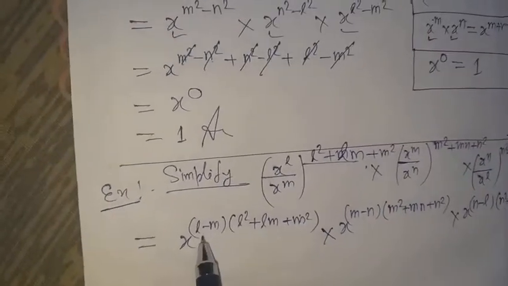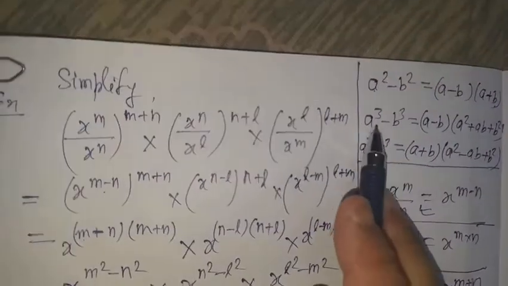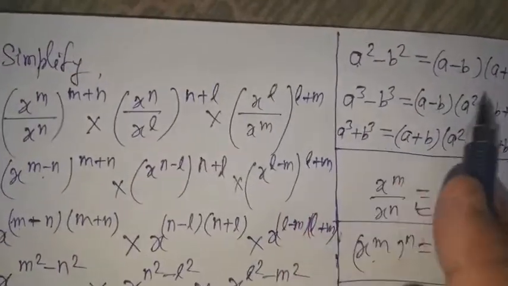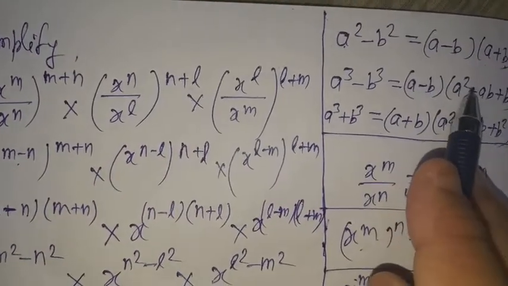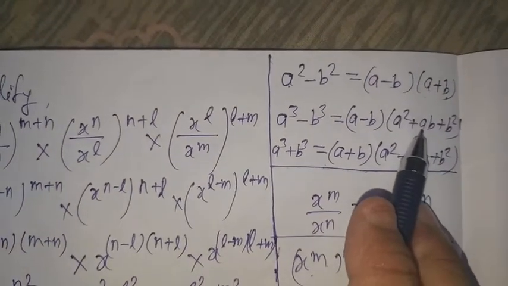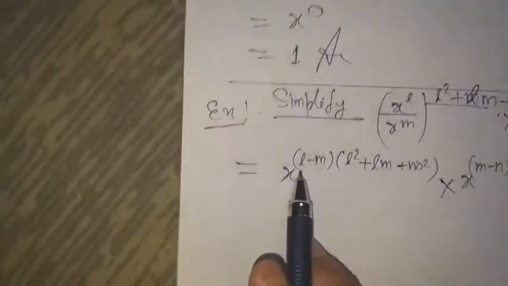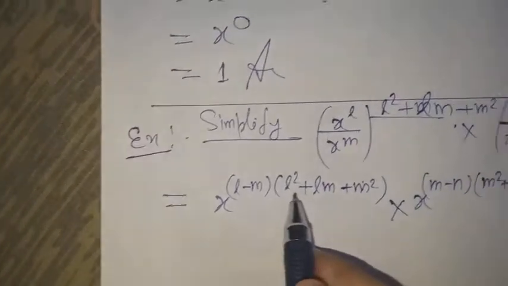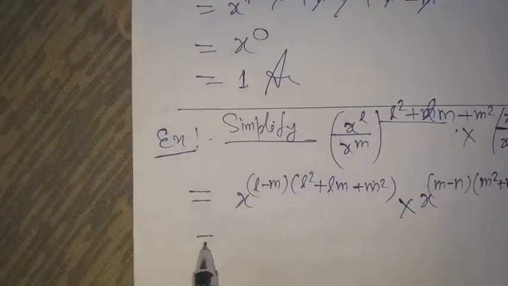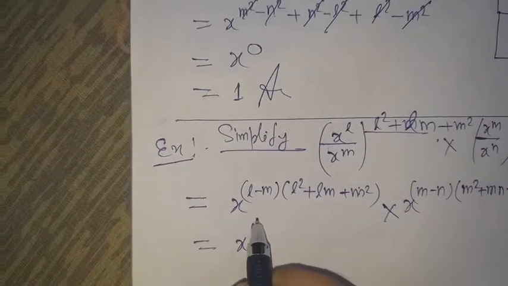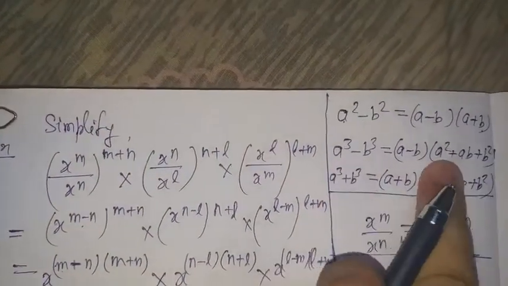Now see the formula: a cube minus b cube is (a minus b)(a square plus ab plus b square). Similarly (l minus m)(l square plus lm plus m square) becomes x to the power l cube minus m cube. Here a cube minus b cube, so this equals this.